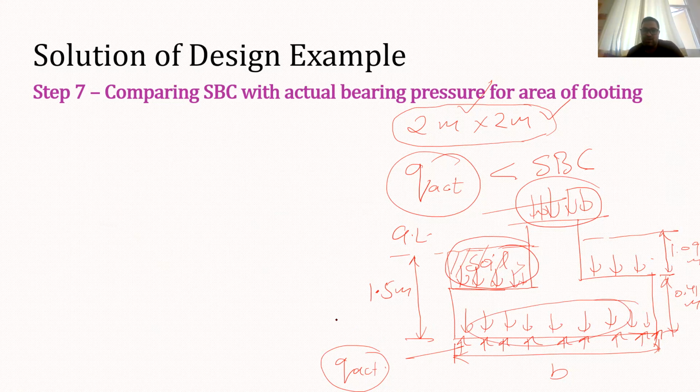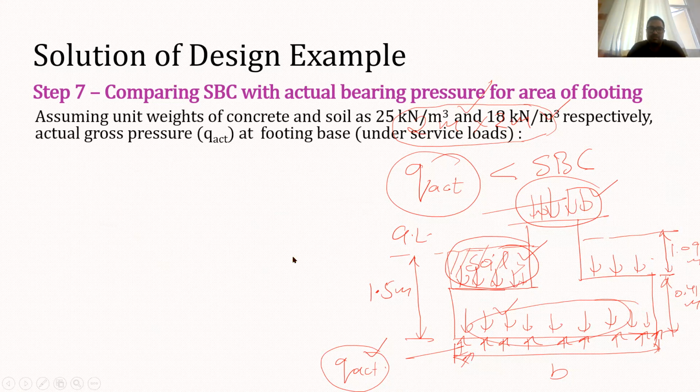So we actually have to find out this Q actual. So this Q actual will be the sum of pressure due to the load coming from the column, pressure due to the weight of this soil, and weight of this footing. So total will be the actual pressure which will be offered by the soil against these three loads. So in the calculation, to find out the weight of soil, we need the density of soil, say assuming the density of soil as 18 kilonewton per meter cube. And we also need the density of RCC.